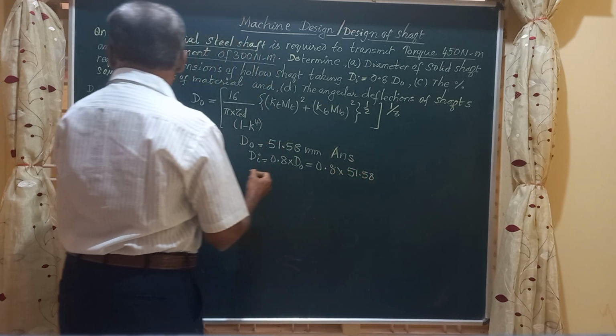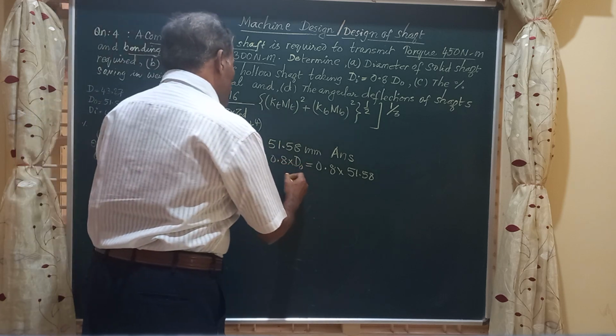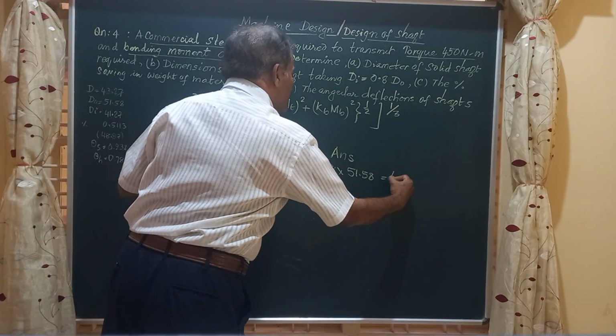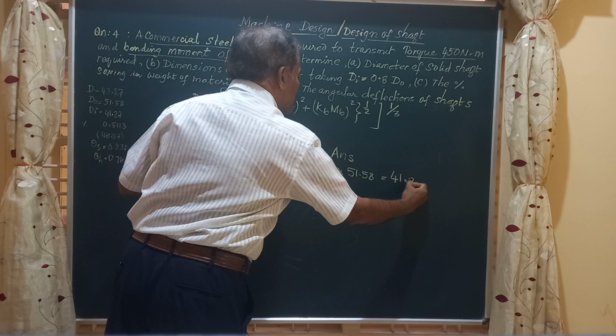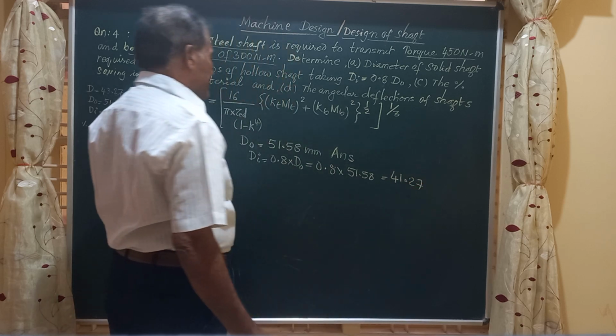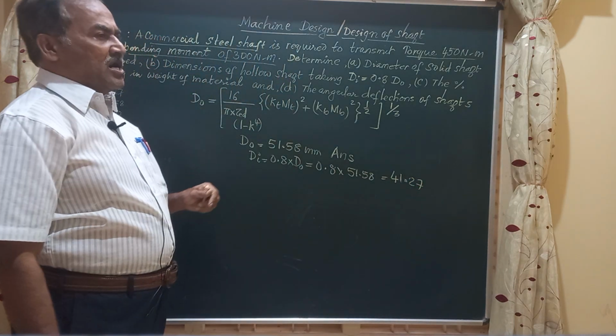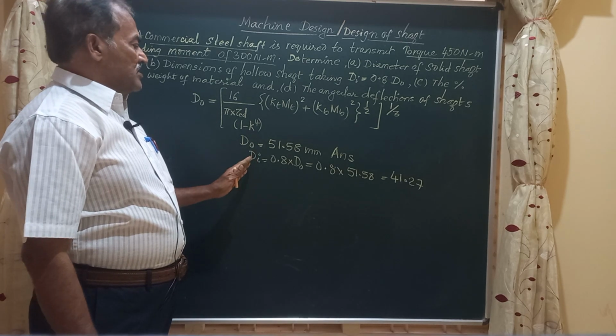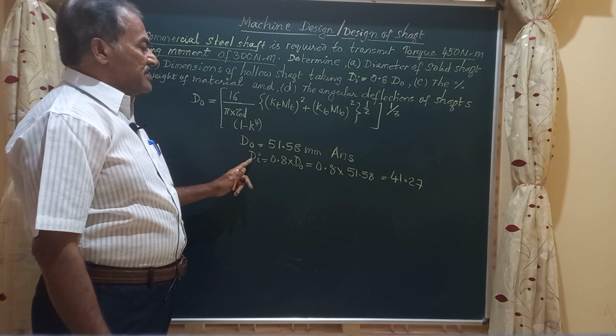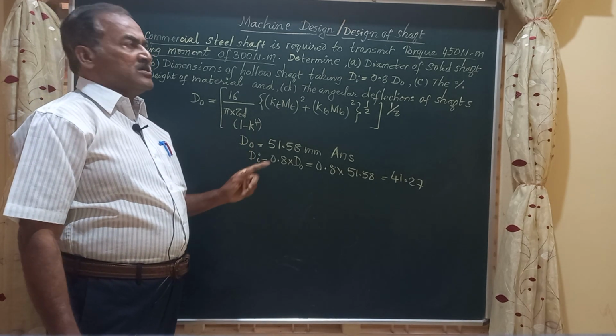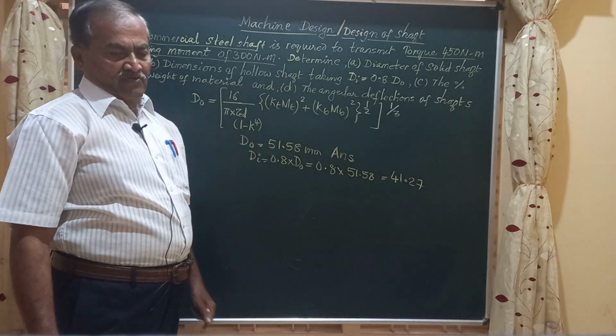Friends, this works out to 41.27. That is, 41.27 is the inside diameter of the hollow shaft. So we have got D0 and Di. These represent the dimensions of the hollow shaft.